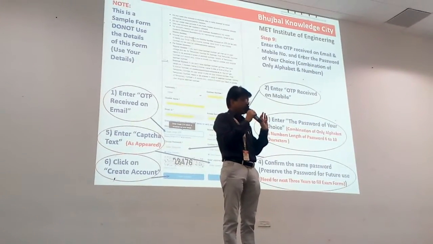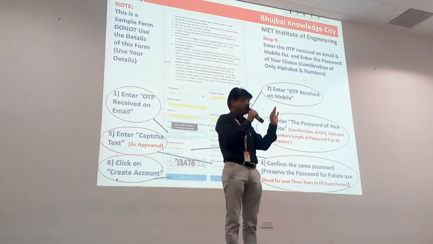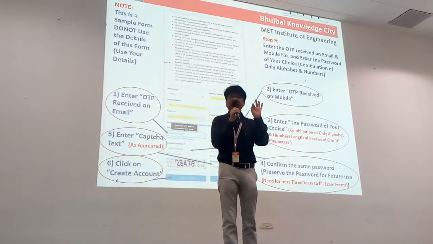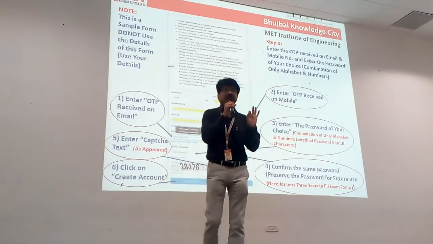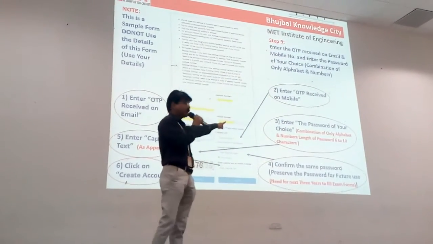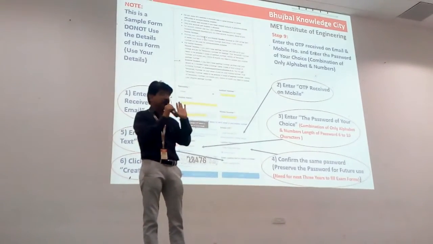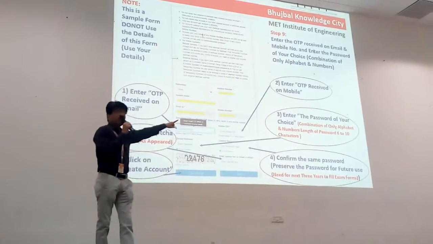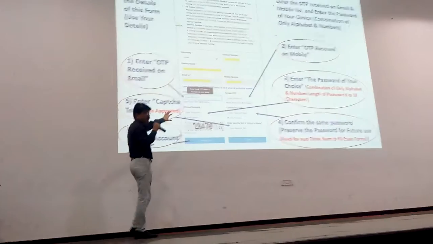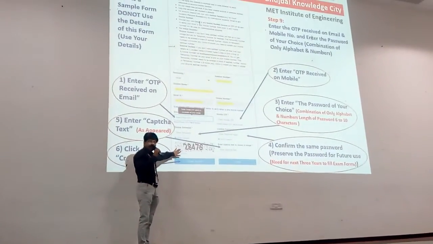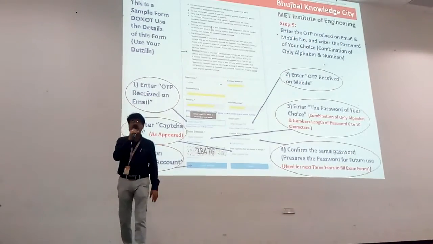Keep at least one letter capital. It is not a mandatory condition, but keep at least one letter capital. Likewise, you can set the password, and the length of the password must be 6 to 10. Is it clear? Remember that password forever. Enter it, confirm it. Whatever captcha appears, this is a sample one, you have to enter that and just create your account.